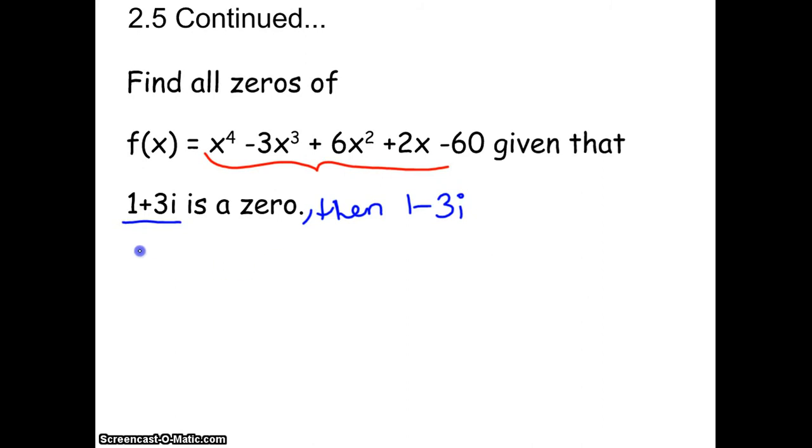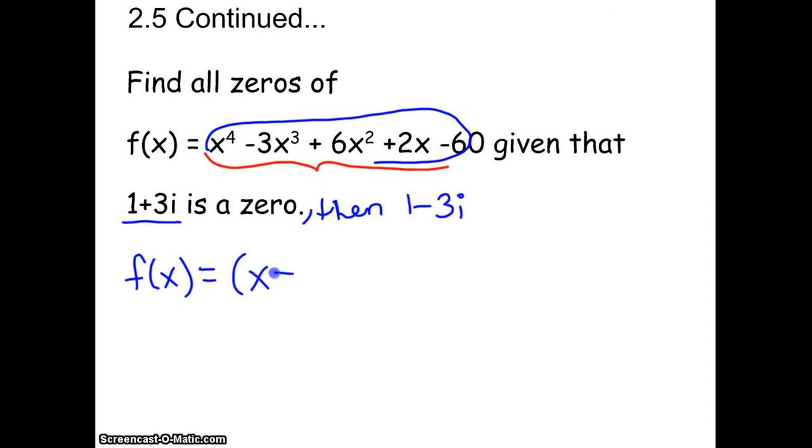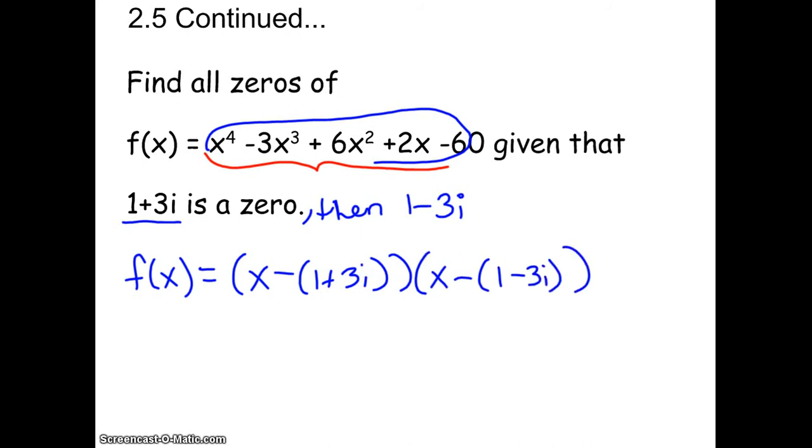Remember, the factors were, I'm just going to put f of x, and that's going to refer to the entire equation up here. x minus 1 plus 3i times x minus 1 minus 3i. And I'm going to multiply that. Distribute the negative.